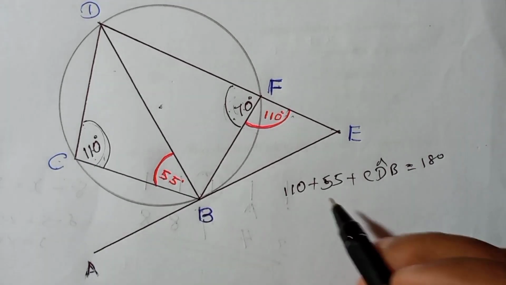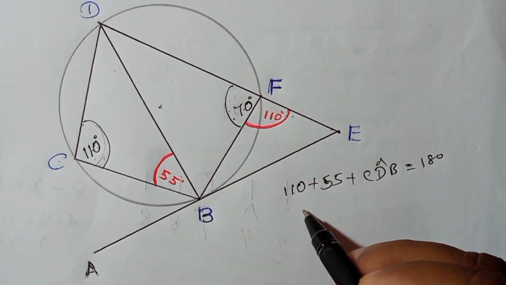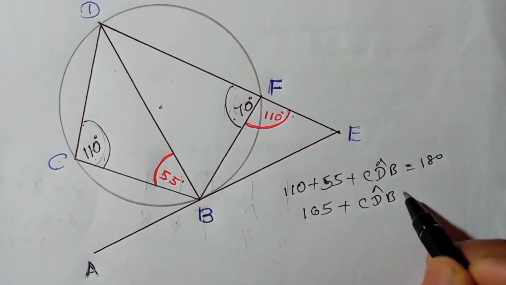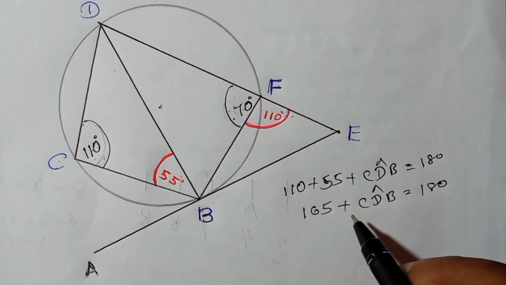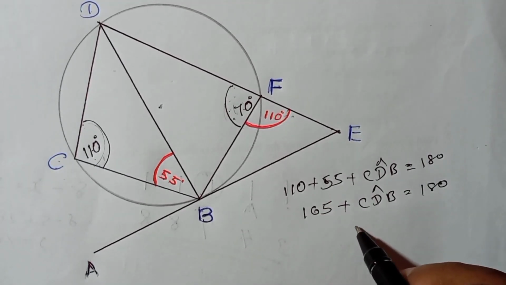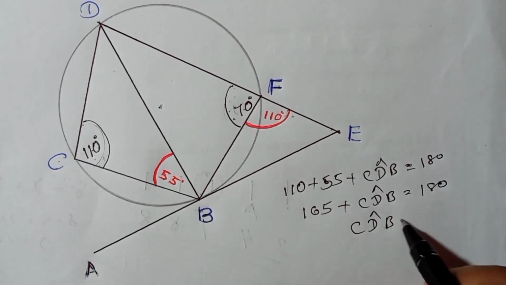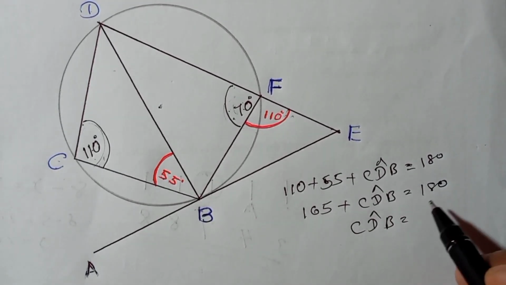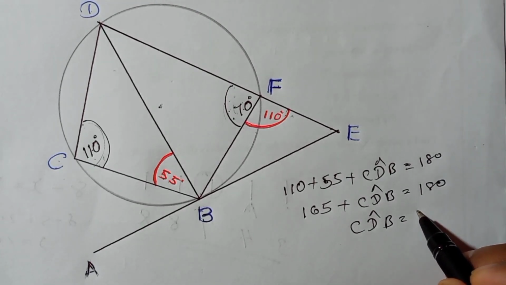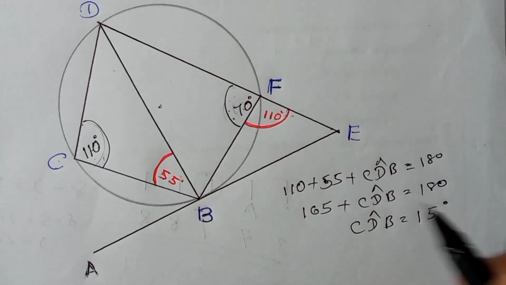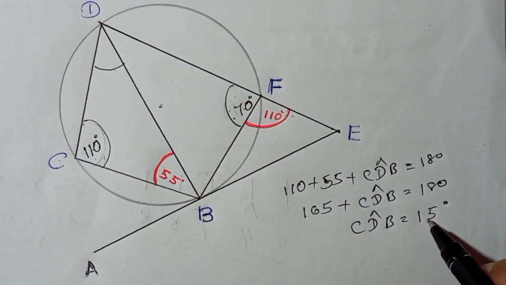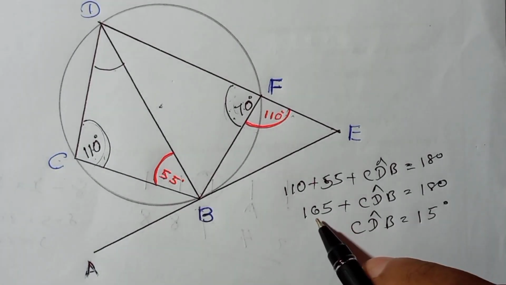If you try to find the answer, 110 plus 55 is 165. Then CDB is 180 minus 165.